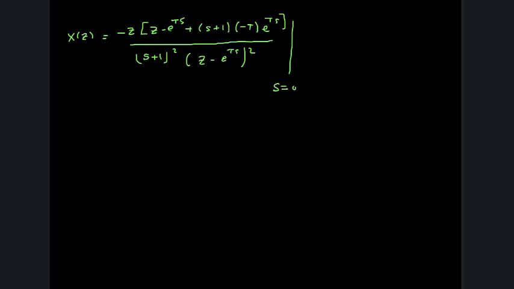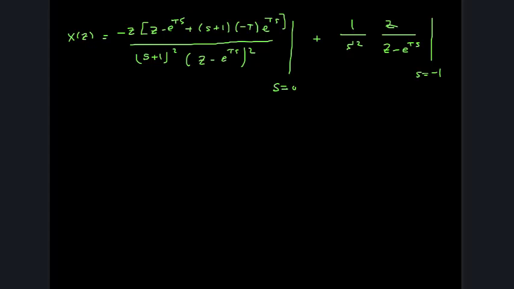This is the R1. And the second one is 1 over s squared times z over (z minus e^(ts)). I should evaluate at s equal to minus 1.